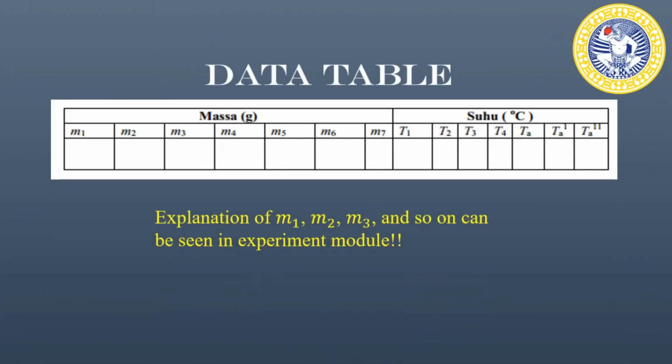This is the data table that you will get from the offline experiment or from our laboratory staff. For the experiment, you will get the information about the mass in grams and also the temperature in Celsius. And you can observe some variations of mass like M1, M2, M3, M4, M5, M6, M7.